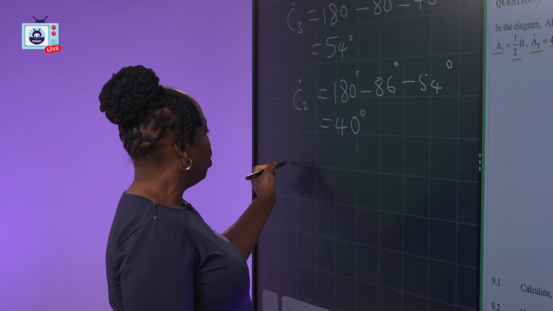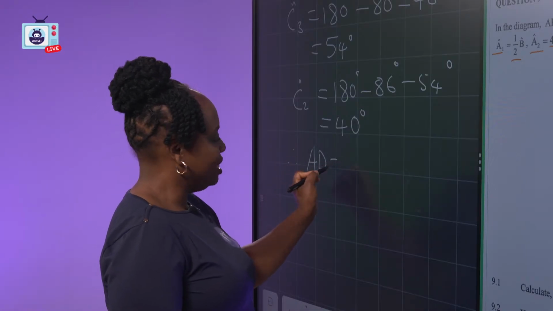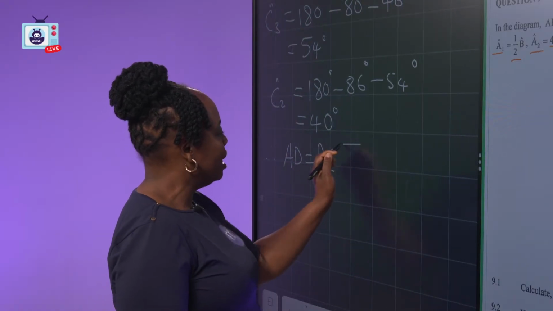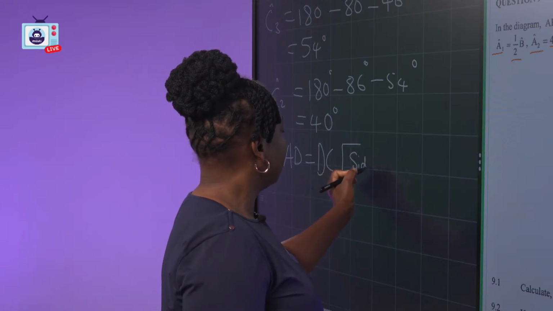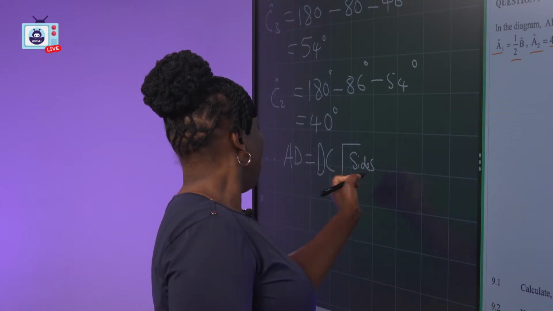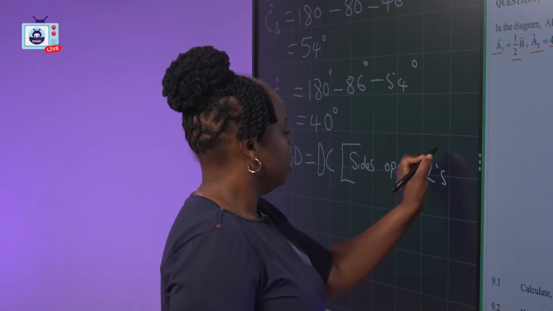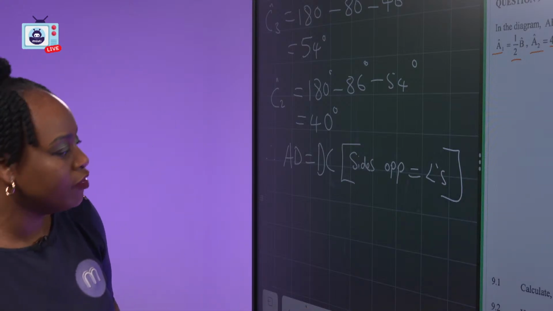So therefore, we can say AD is indeed equal to DC. But we need to put a reason by saying that it is because they are the sides opposite equal angles.